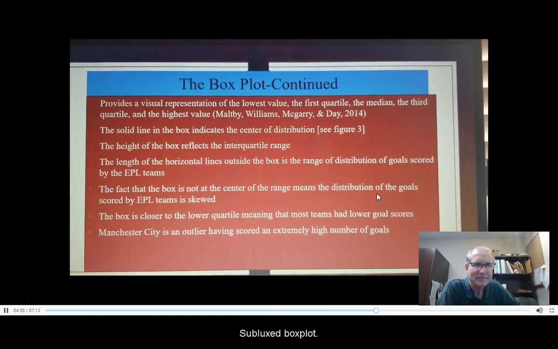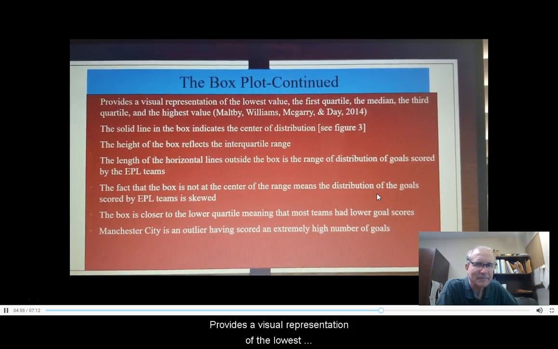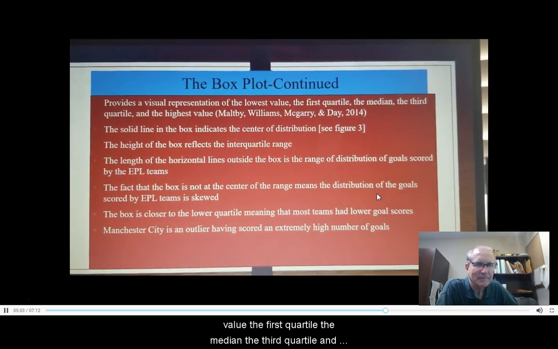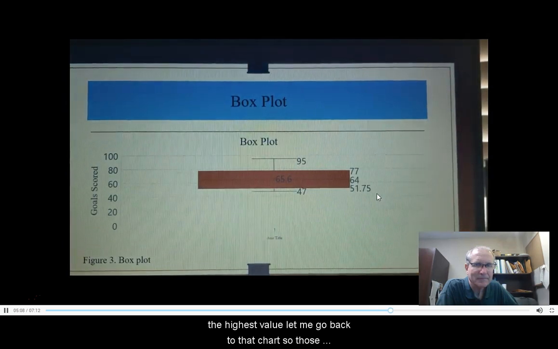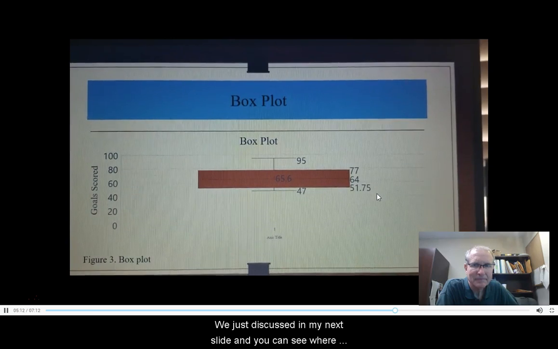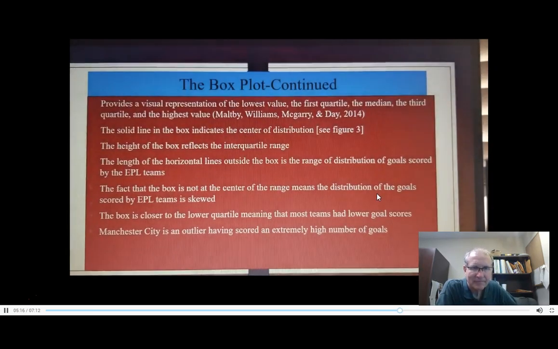The box plot provides a visual representation of the lowest value, the first quartile, the median, the third quartile, and the highest value. Let me go back to that chart. So those are all the numbers that we just discussed. In my next slide, you can see where it ranges and where it fits on my box plot.